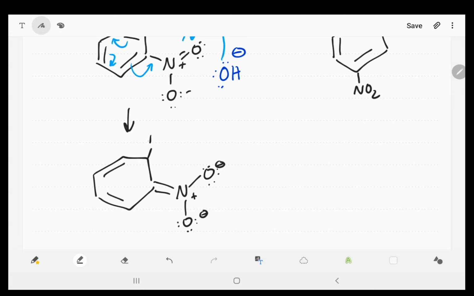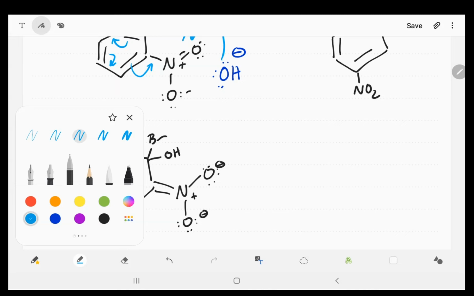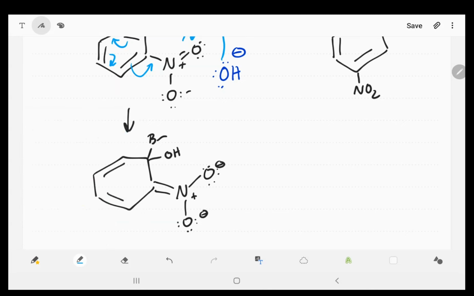So we've got our bromine and our hydroxy group here. And now all that's going to happen is we're going to close our ring down and kick out our leaving group. Last time, when we did electrophilic, we needed a base to come in and abstract the proton, which would restore our aromaticity.